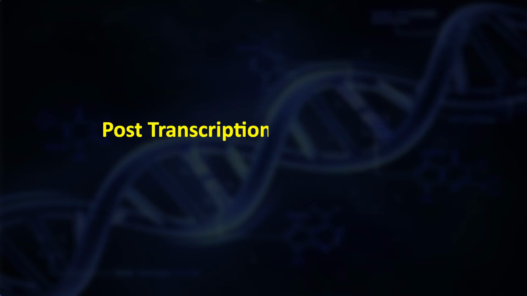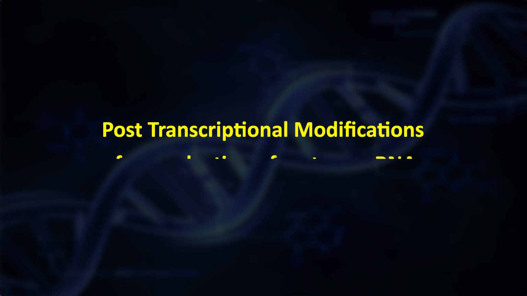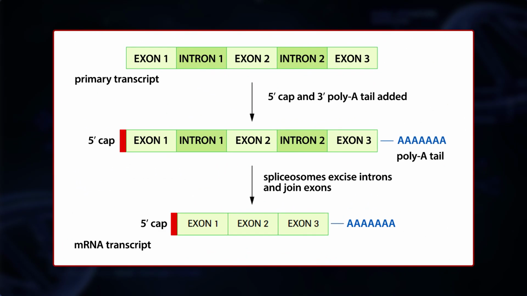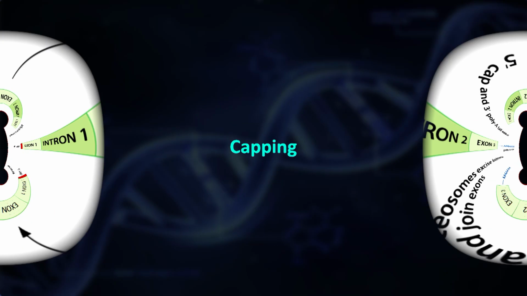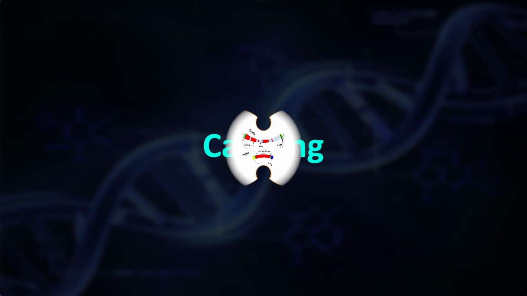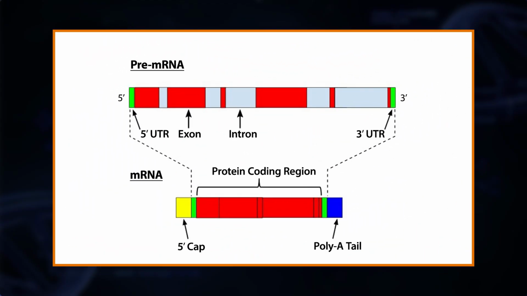Dear students, let's now discuss the post-transcriptional modification for production of mature mRNA. The important post-transcriptional modifications that take place for the production of mature mRNA are: the first is capping at the 5' end. The capping of pre-mRNA is carried out by the addition of 7-methylguanosine to the 5' end.